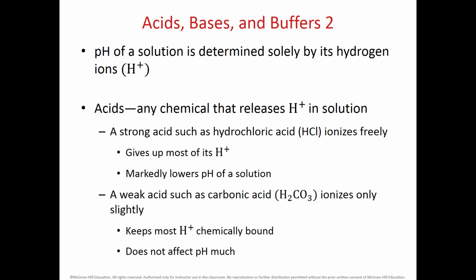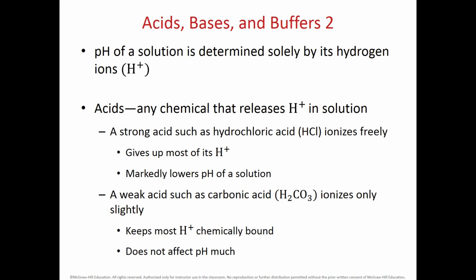Now, to understand this balance of hydrogen ions in our body, we have to understand some terms like acids. Acids are chemicals that can release hydrogen ions in a solution. And bases will be the opposite, chemicals that can absorb hydrogen ions in a solution.